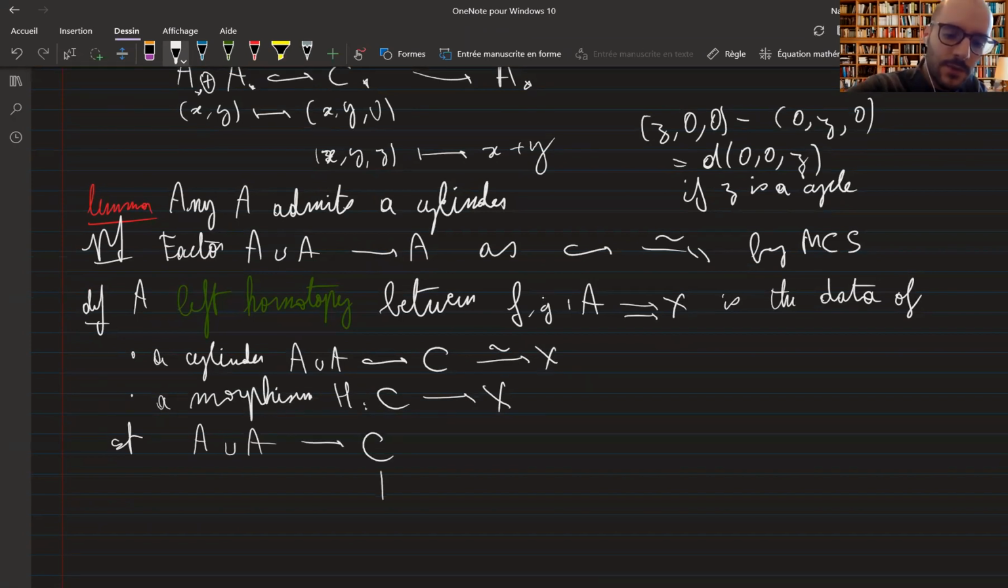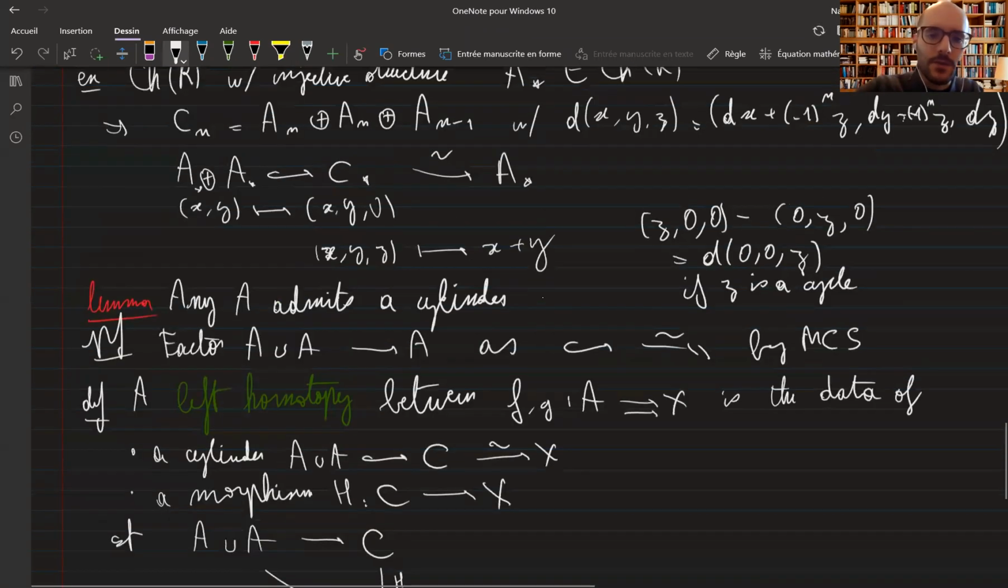So when you go to the cylinder, then you go by H to X, here you get F and G. All right. So in topological spaces, if you take the cylinder I gave before, it's exactly the definition of a homotopy, right?